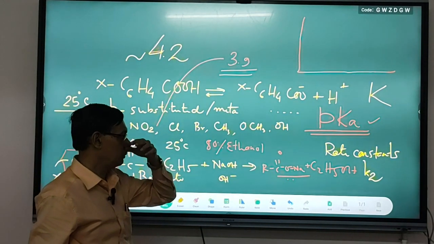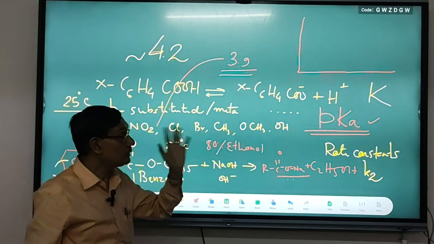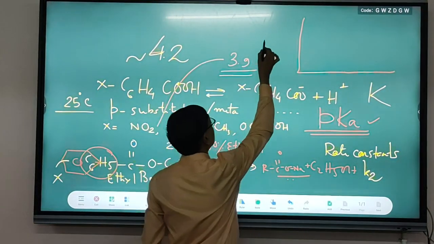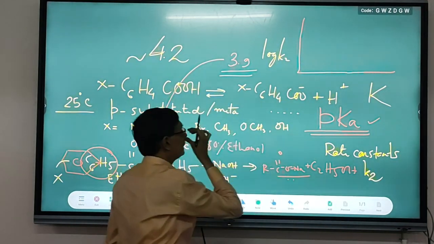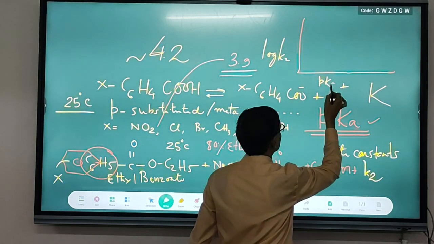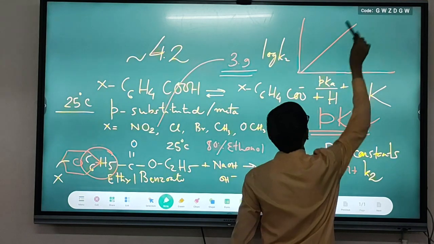One is thermodynamics, the other is kinetics, no relation. But when you plot a graph between log of K2 and log of K or pK of benzoic acid, there is a straight line.